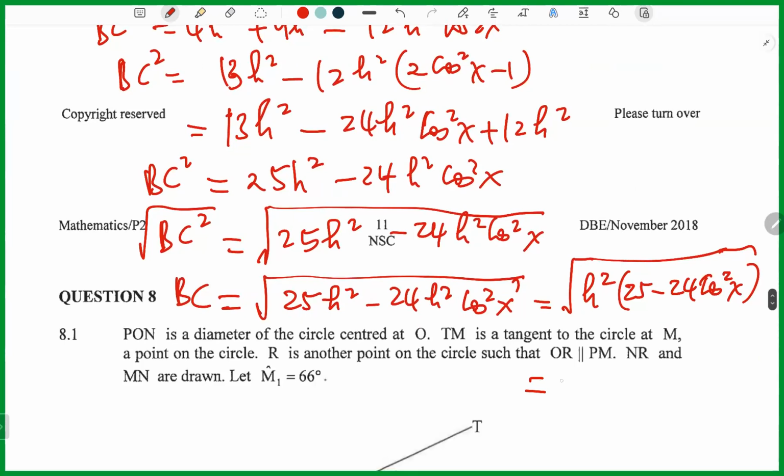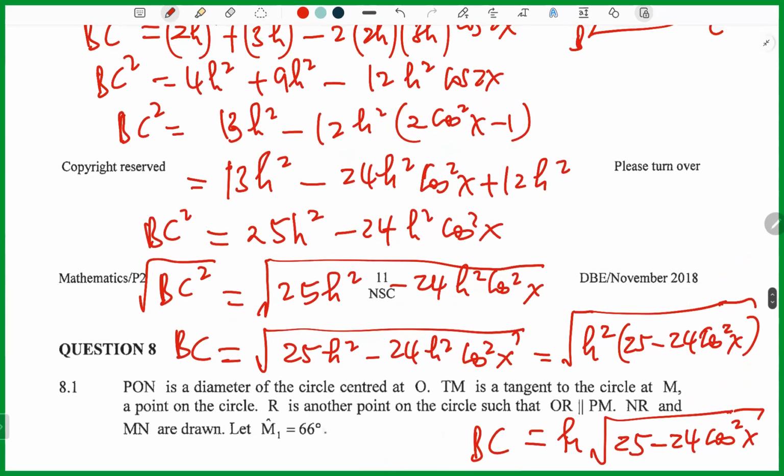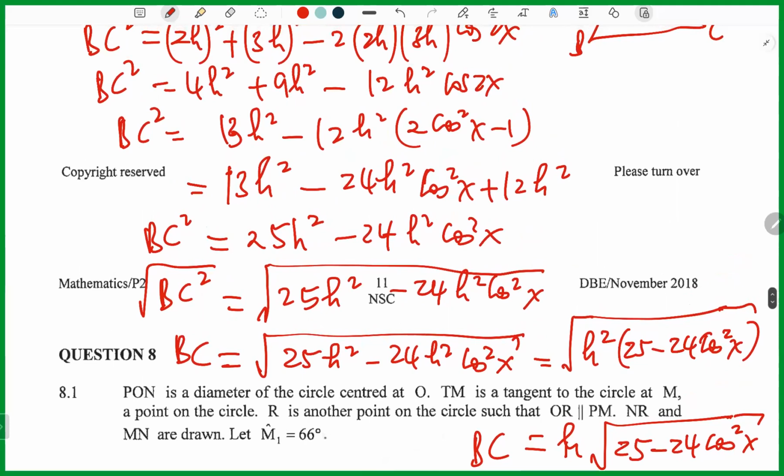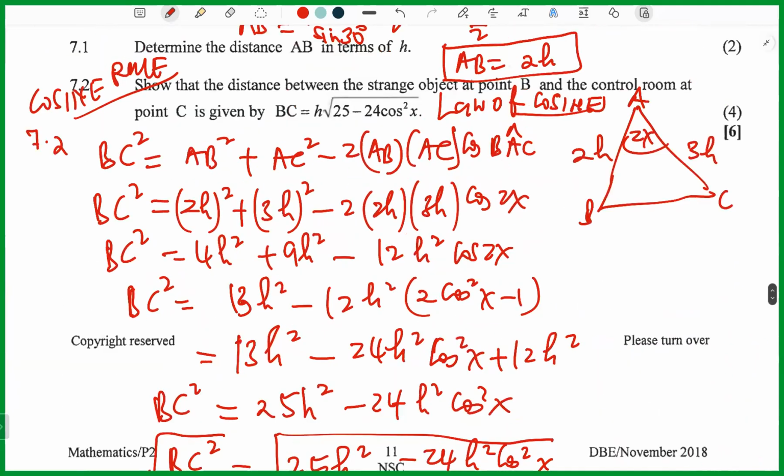Okay, take the square root of h squared, which is h, and then this is the square root of 25 minus 24 cosine squared x. So that is the answer. So in other words, BC is exactly this: h times the square root of 25 minus 24 cosine squared x. And therefore that is the answer.